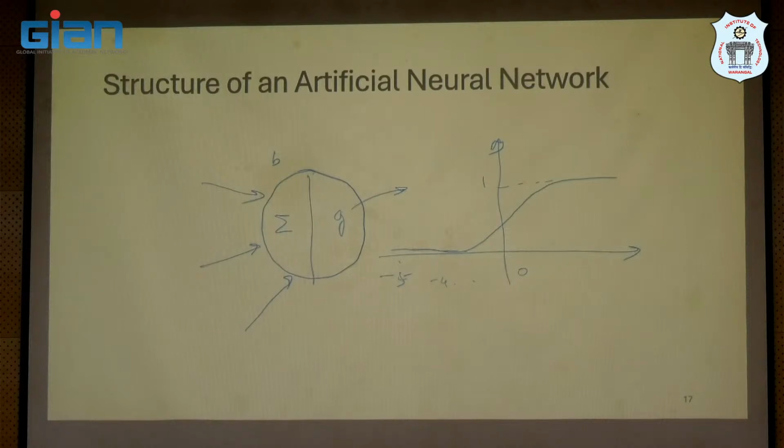And when the input is close to 0, the output will be somewhere between 0 and 1. So this function is called a sigmoid function, mathematically represented as 1 over 1 plus e to the power minus x, where x is the input going into the nonlinear component of the activation neurocell.